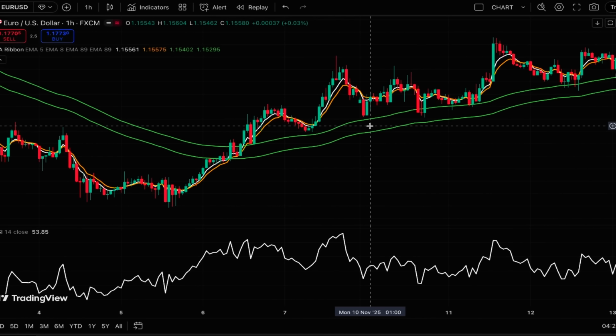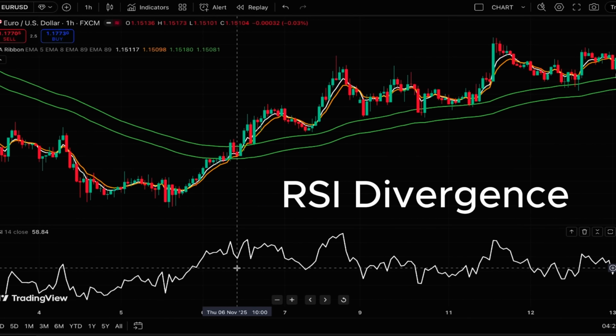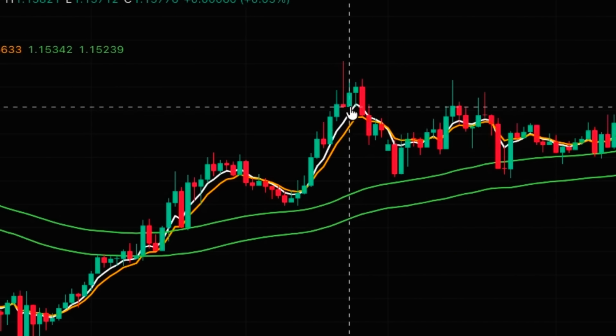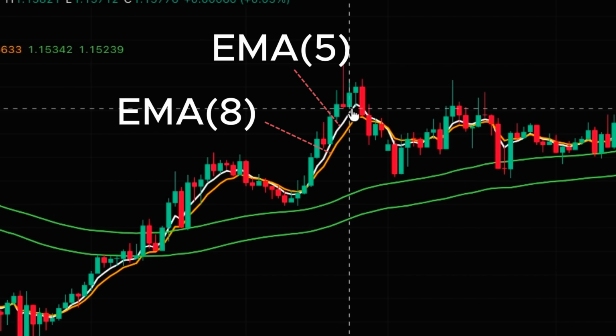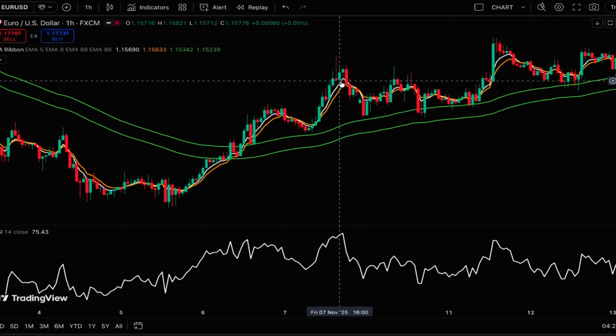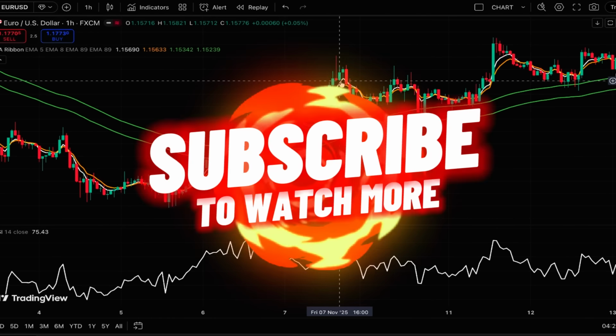But this is not enough, and we're going to use also RSI divergence for spotting leading signals of reversal. And then by the help of this orange line and white line, which are EMA with length of 5 and 8, we try to find a perfect trading opportunity to enter a trade. In this trading strategy, we have different layers of confirmation to decrease the risk as much as possible. Let me show how you can do it.